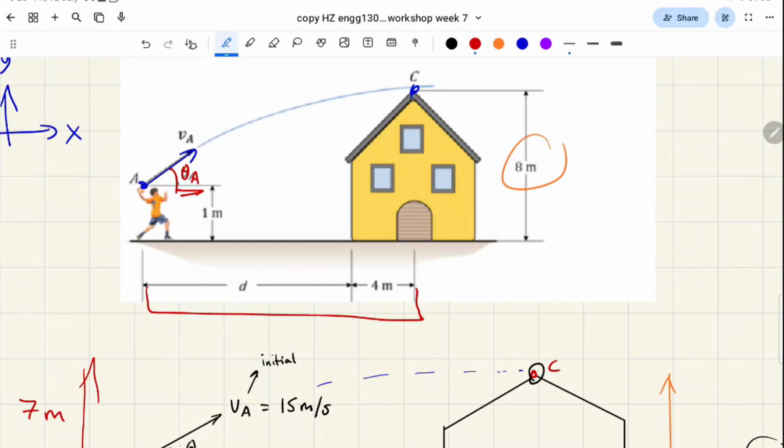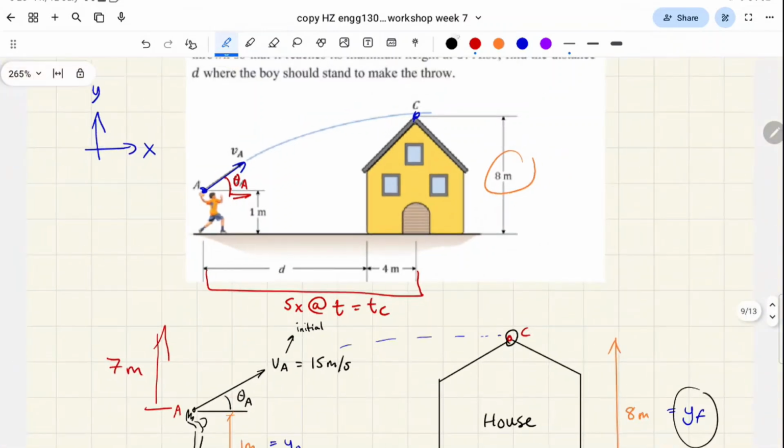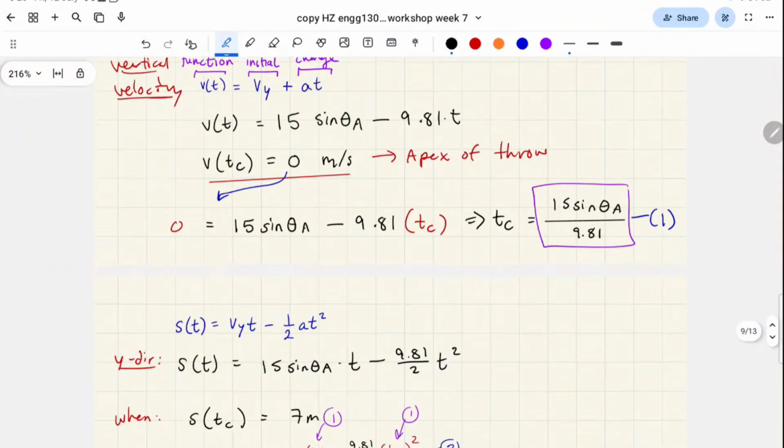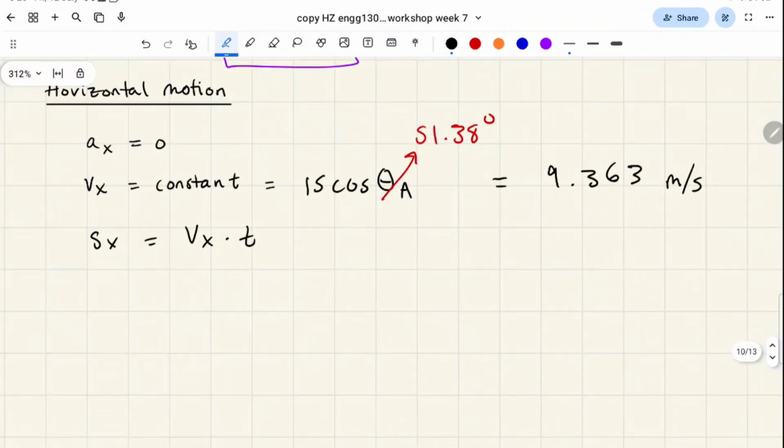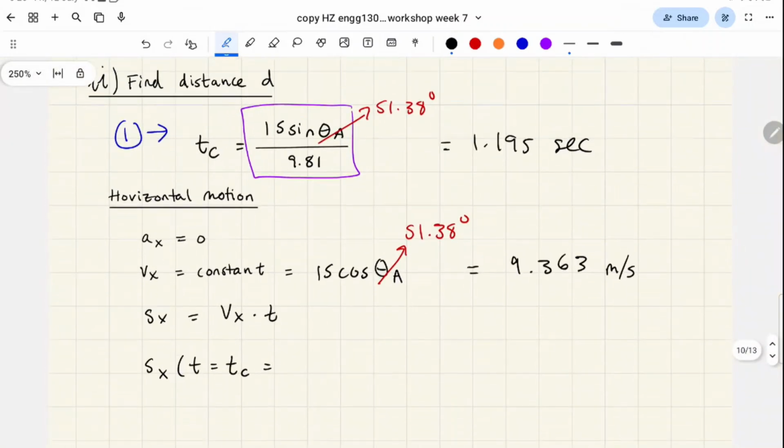So this is sx at the time it takes to reach c. So sx, when you plug in time equal to tc, which is equal to 1.195 seconds.